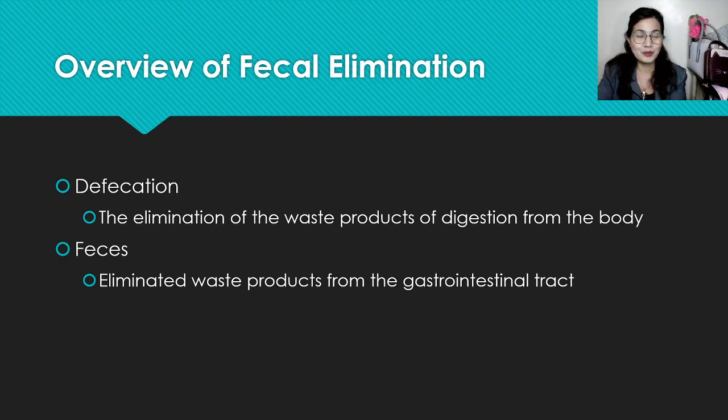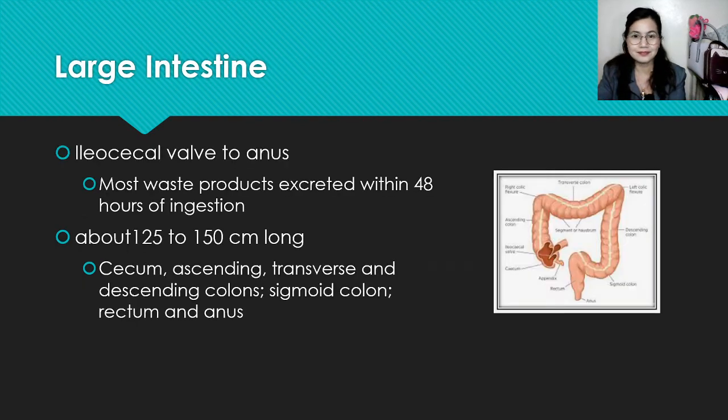For the overview, defecation is the elimination of the waste products of digestion from the body. The eliminated waste product from the gastrointestinal tract is called feces. The large intestine runs from the ileocecal valve to the anus.